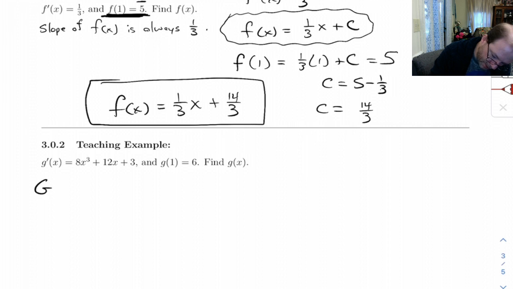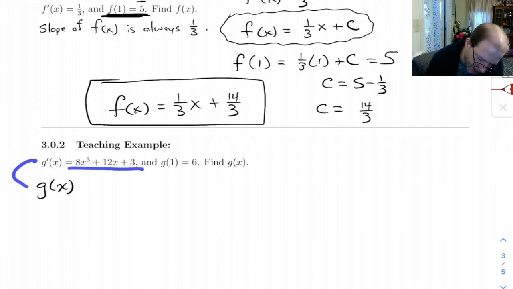So that's going to be capital G. Or actually, no, it's not capital G. It's just little g. Okay, what's the difference? Well, we're given g prime, so we take the antiderivative of this to get back to g. If we took the antiderivative again, that would give us capital G. So this is just little g.